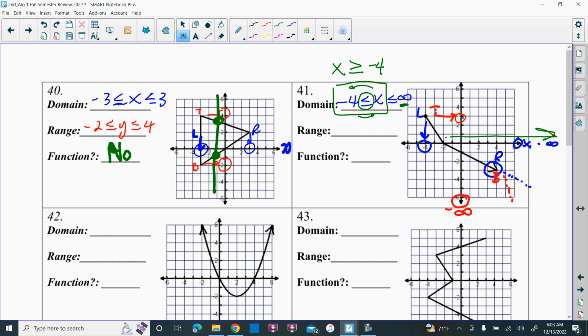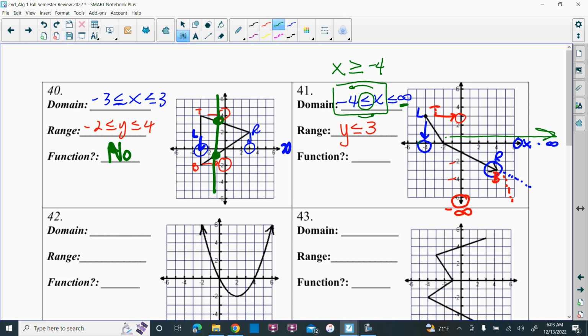Since it keeps pointing down, it starts at 3 and points down. If it's pointing down, that's less than. If it's pointing up, that would be positive numbers. So down, we can see that these are all negative numbers. So if I wanted to go straight to one inequality, this would be y is less than or equal to 3.